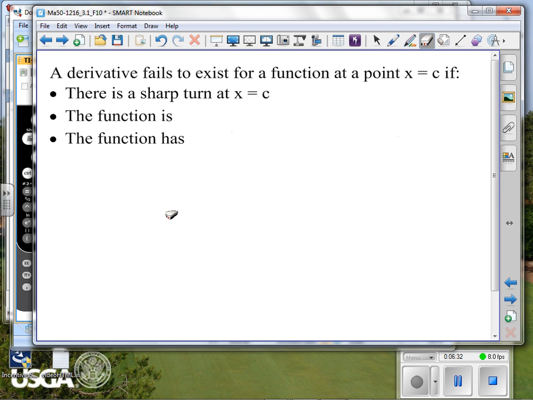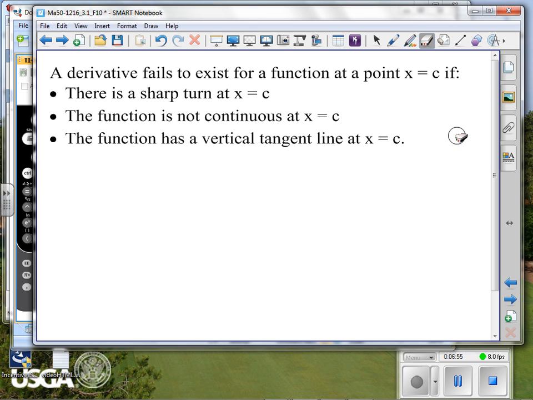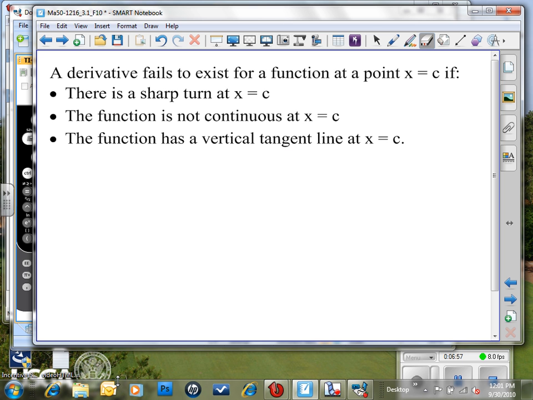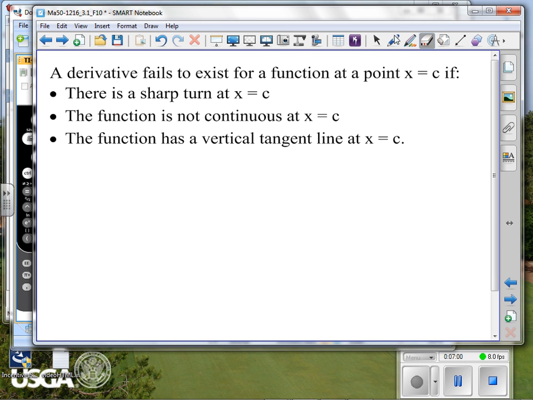We also found out, what was that theorem? Differentiability implies continuity, but we also talked about how if it's not continuous, there is no derivative. So it has to be continuous. And the last one we haven't really talked about, but it is possible to get a vertical tangent. That vertical tangent is going to come primarily with a function like the cube root of x.